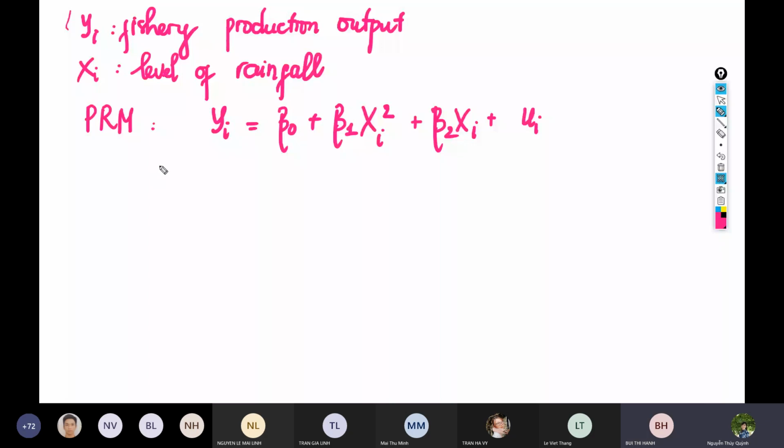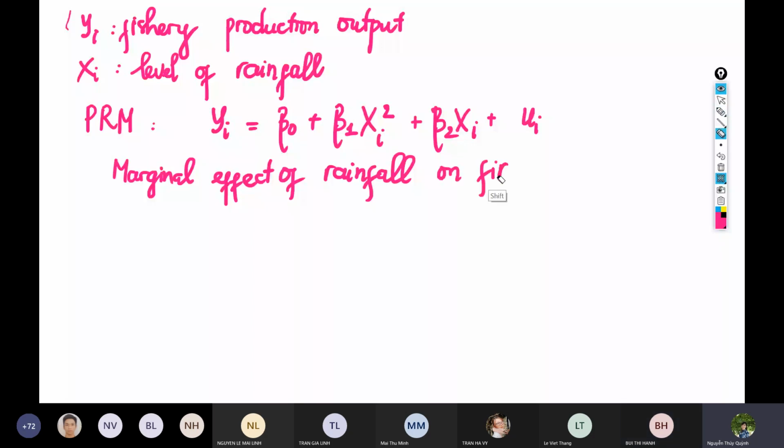Okay, so what is the marginal effect of rainfall on fishery production? I think the marginal effect will be the total of beta 1 plus beta 2. Wait, just wait a minute. Fishery production.